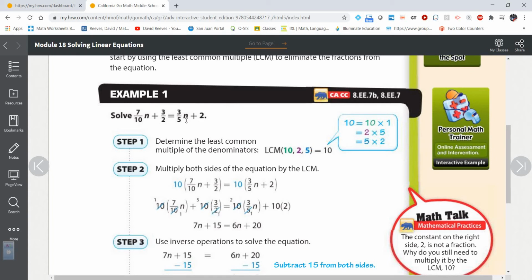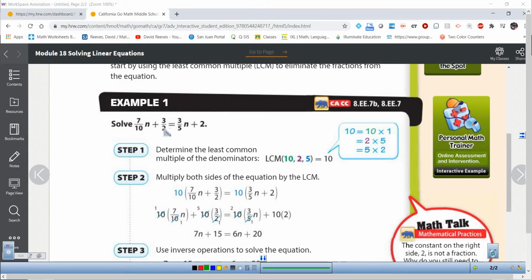Okay. So one option would be to say, well, I've got all these fractions. If I'm going to add or subtract, I need a common denominator, right? So what's the common denominator for 2 and 5 and 10? Remember, what we're looking for is the least common denominator, which would be the least common multiple, the smallest number that they all are factors of.